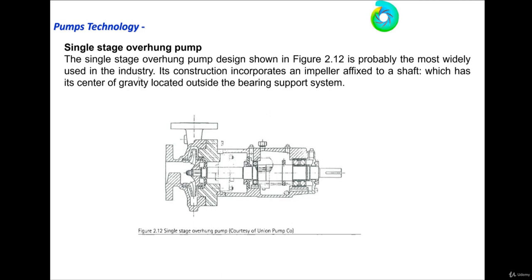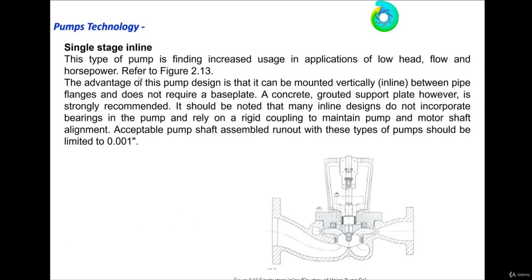It is usually the first selection, the first specification, the first survey on the market. If the flow and the head are within the range of this pump type, we are going to purchase and specify this type. If it's outside, we have to go to the other types.